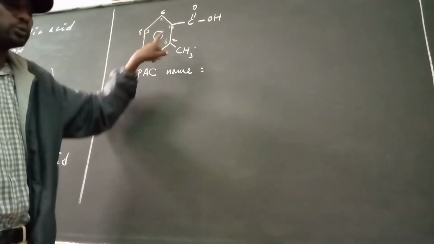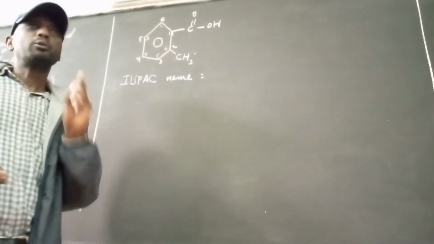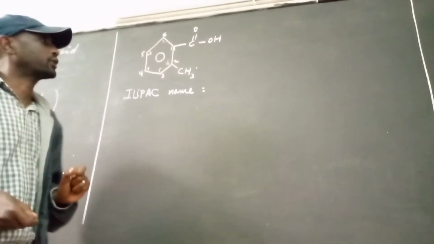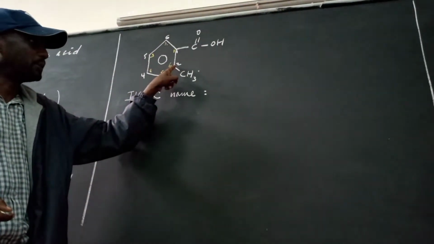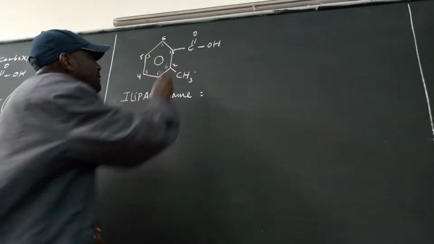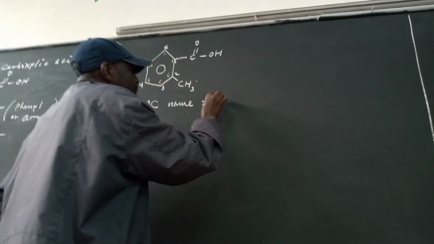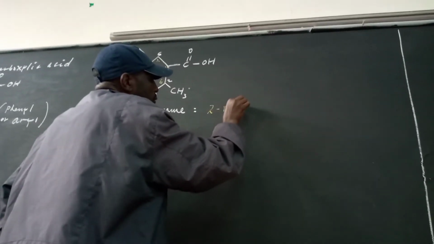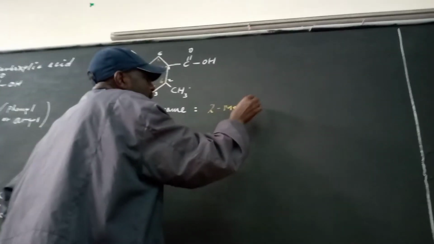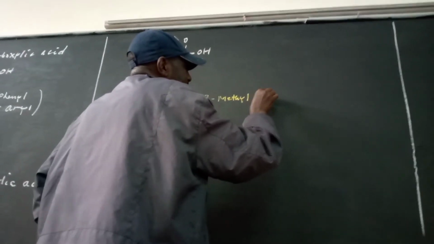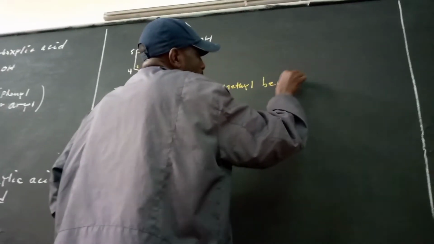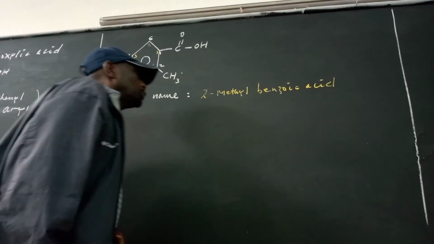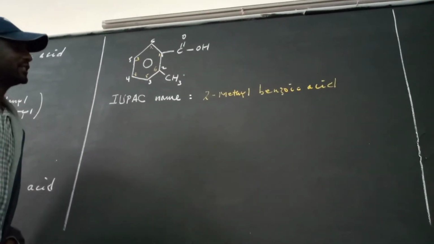Therefore, according to the IUPAC system, we always give the smallest possible number for the side chain or substituent. The IUPAC name of this compound is 2-methyl benzoic acid.